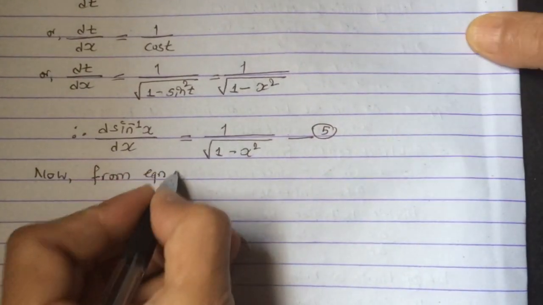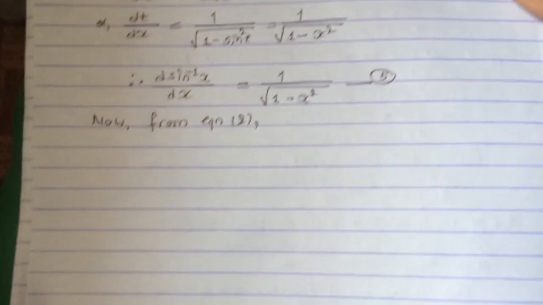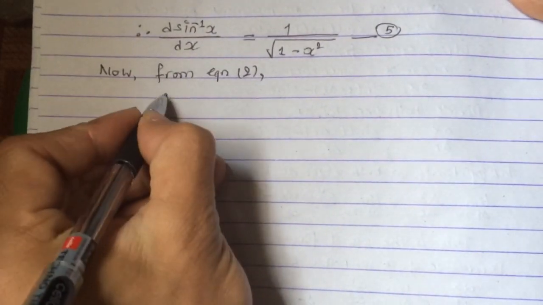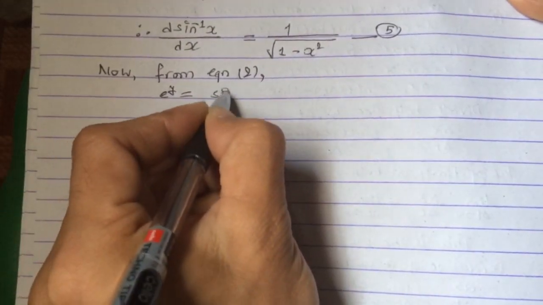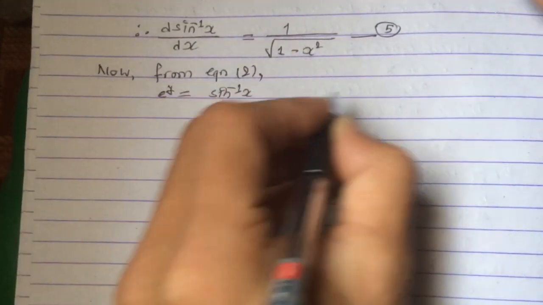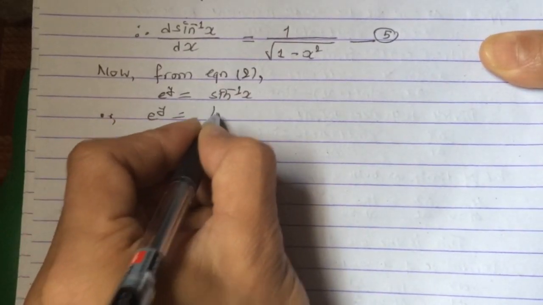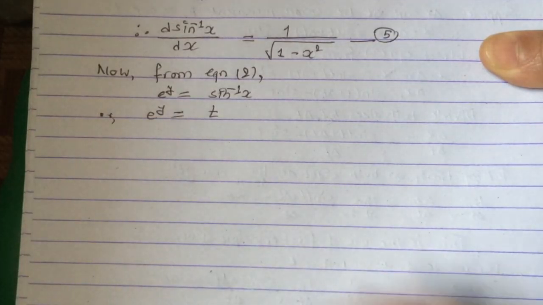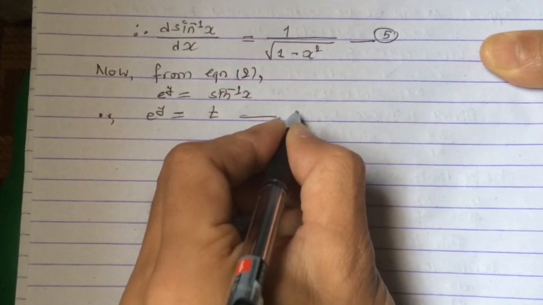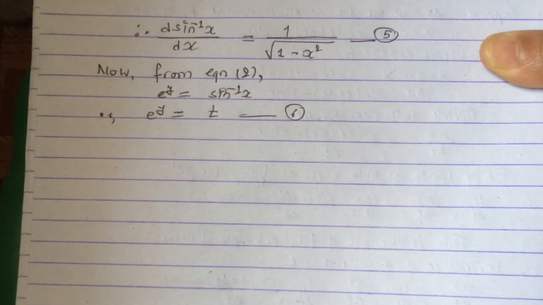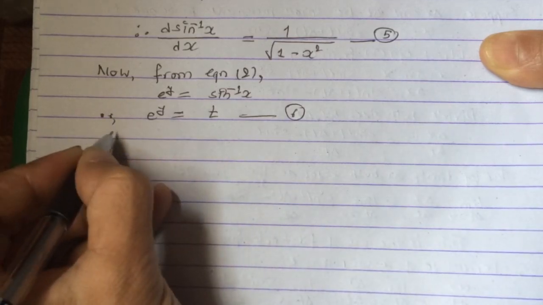Now from equation 2, we have e to the y, exponential y, is equal to sine inverse x, and we use t in place of sine inverse x.